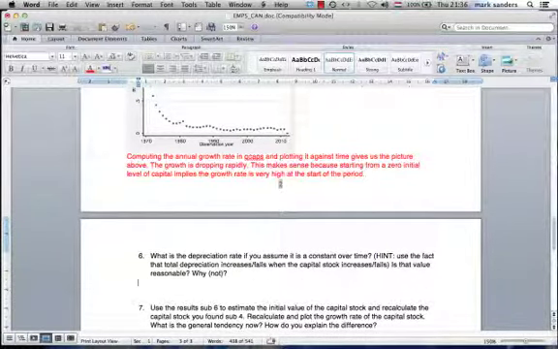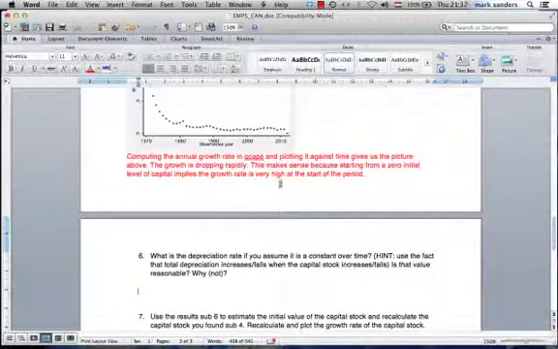Let's go to 6. What is the depreciation rate if you assume it constant over time? Use the fact that total depreciation increases or falls when the capital stock increases or falls. Is that value reasonable? Why not? Well, here you need the trick that I explained in the lecture, because what we know is that depreciation is equal to delta times K. Depreciation at time t is equal to delta times K at time t.